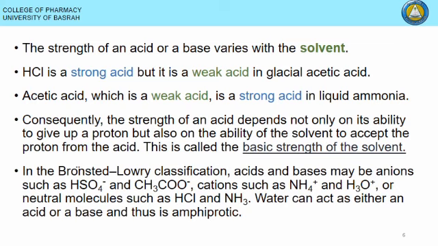That's why we call hydrochloric acid in water a strong acid, but in glacial acetic acid it is a weak acid. Why? Because water has a high ability to accept the proton from the HCl, while glacial acetic acid has a low ability to accept the proton from the HCl.